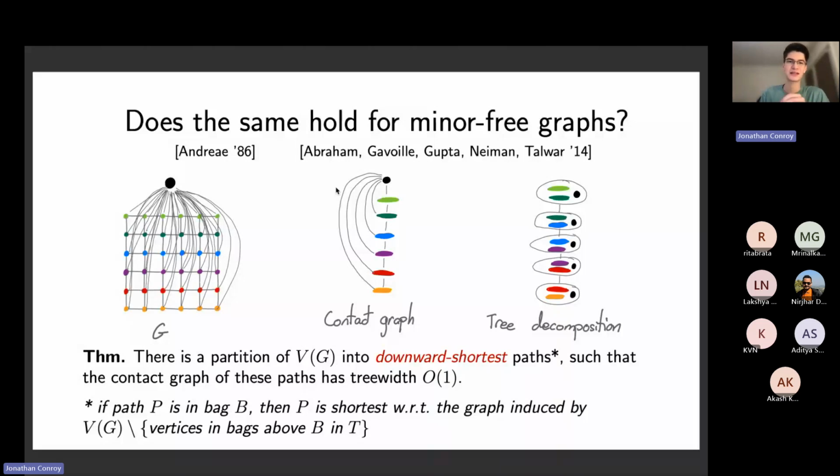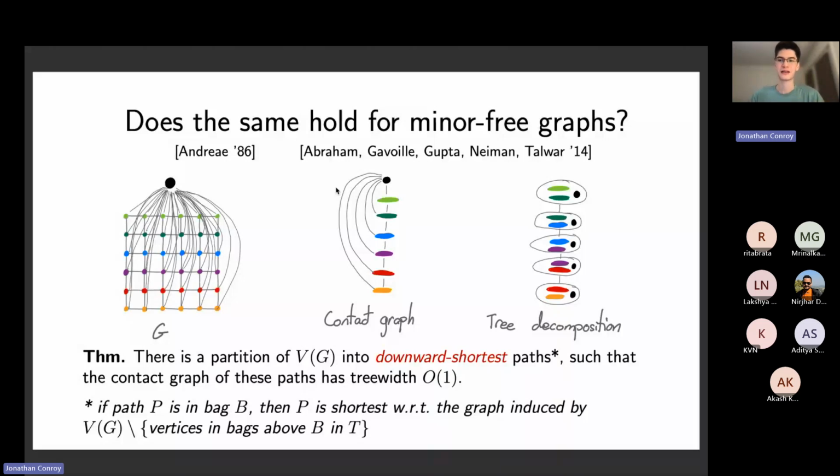This construction was originally given by Andreae in the 80s, and then it was interpreted as this structure theorem by Abraham, Gavoille, Gupta, Neiman, and Talwar later on. What they proved is that you can partition G into what I'm calling downward shortest paths, such that the contact graph has bounded tree width.